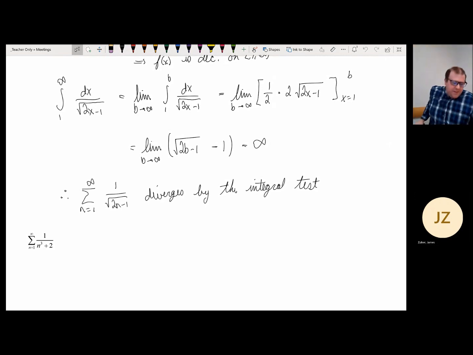Now consider the sum from n equals 1 to infinity of 1 over n cubed plus 2. It's not geometric.